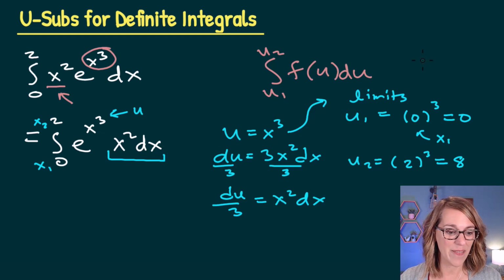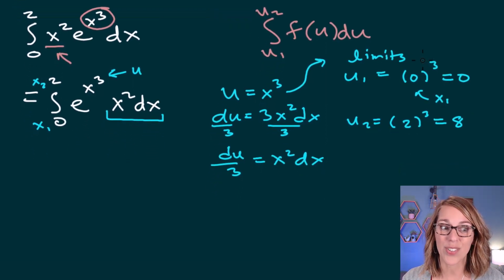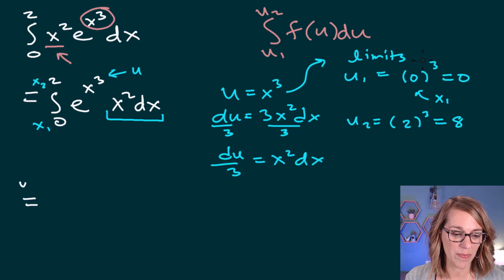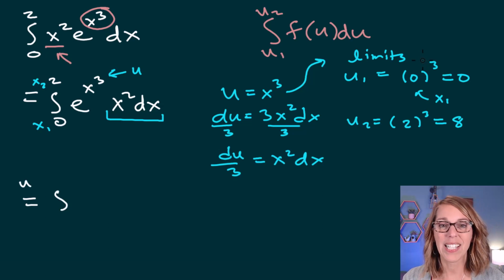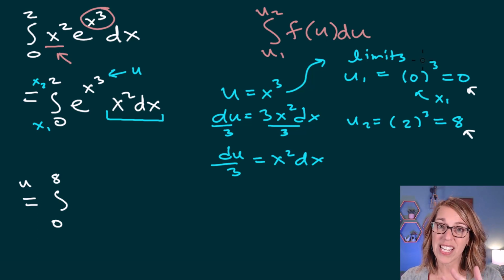So now I've got everything that I need to replace this integral in terms of u. So we end up with equals, in terms of u, my limits of integration now in terms of u are the 0 and the 8. So I'm integrating from 0 to 8. My function e is still there.